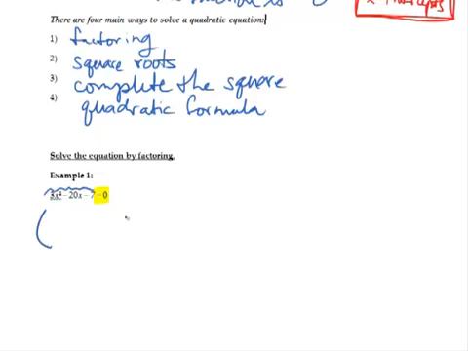If we do a guess and check here, we know that our first term is a 3x squared, so we must have a 3x and an x, and we know that our options for the back are 7 and 1. I'm going to put the 7 here because 3 times 7 would be 21, and I know that that's close to my 20. So 3 times 7 would be 21, and then a 1.